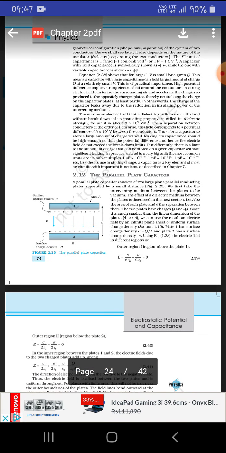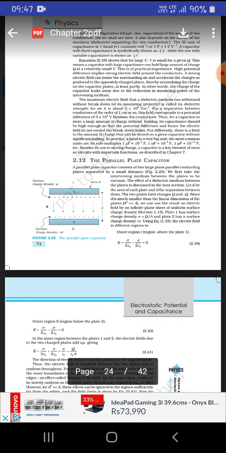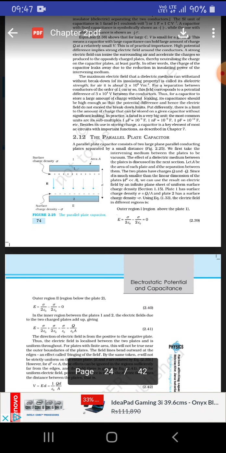Next is the parallel plate capacitor. Here we have surface charges of density sigma, positive on the upper plate and negative on the lower plate.